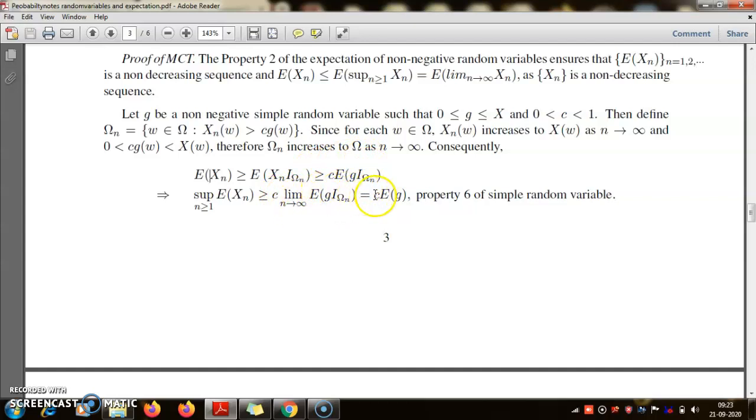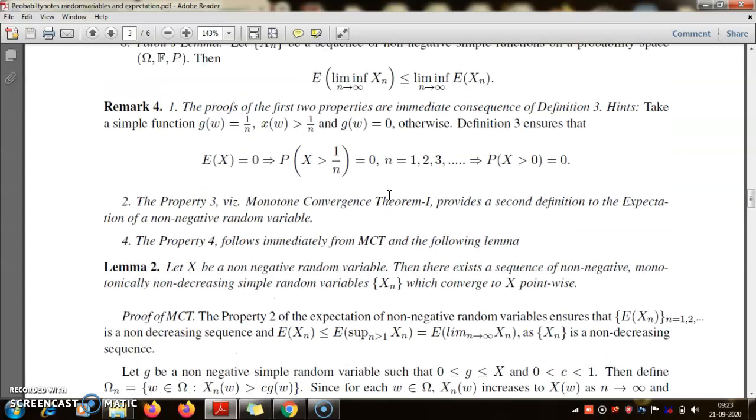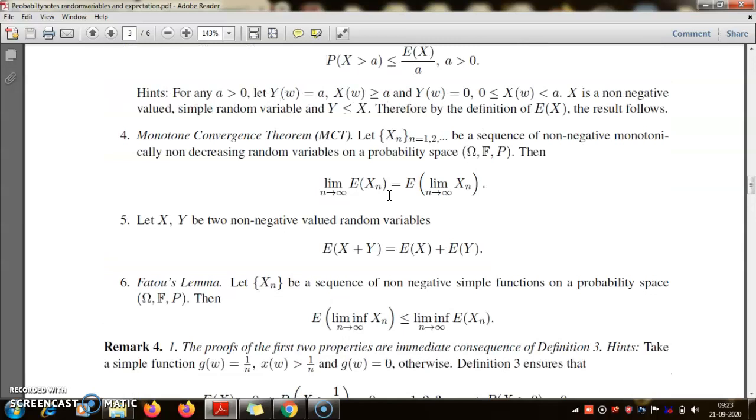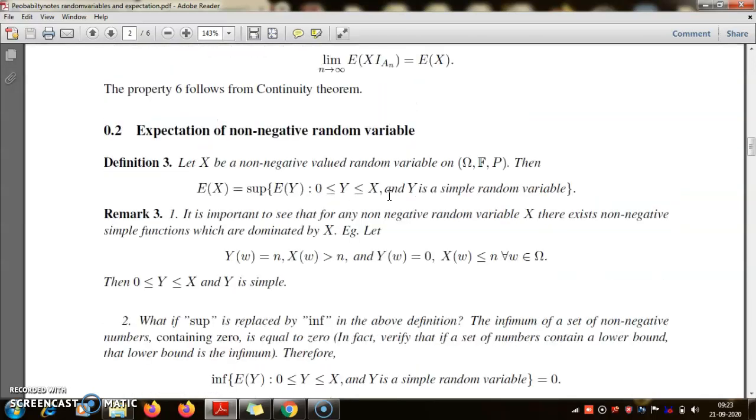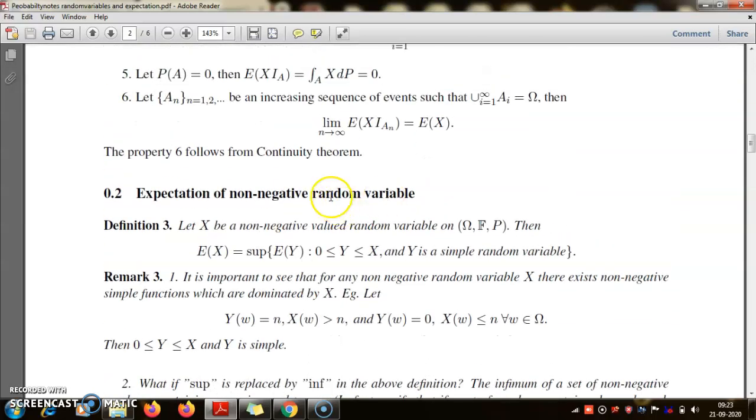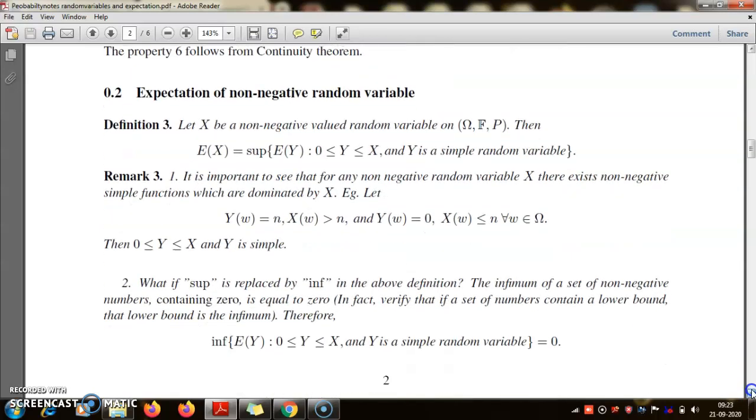I am using property 6 here. What was property 6 of simple random variables? Property 6 says that if An is an increasing sequence of events increasing to the whole set omega, then the limit of this expectation is the expectation of x.